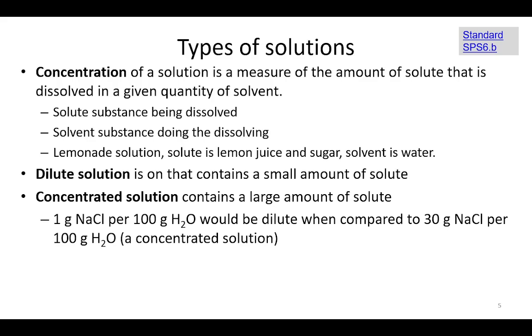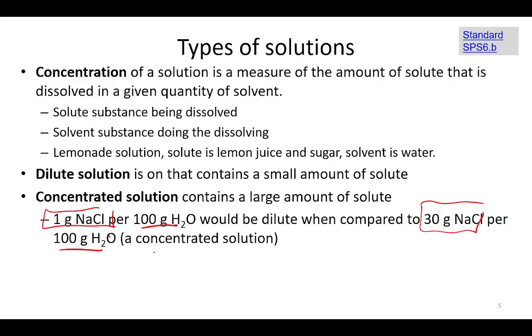If I were to compare two particular examples, both of these have 100 grams of water, so my amount of solvent, my water, is the same. Notice the first example has 1 gram of solute, the second example has 30 grams. Comparatively, the 1 gram solution would be considered the dilute, or the more diluted solution.